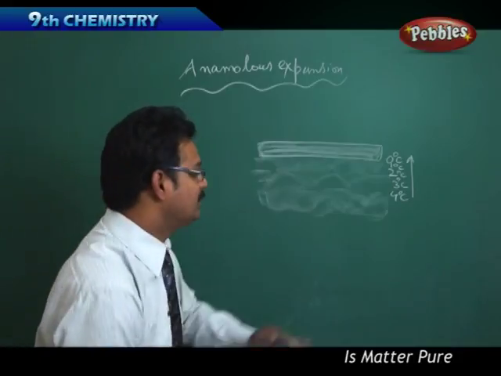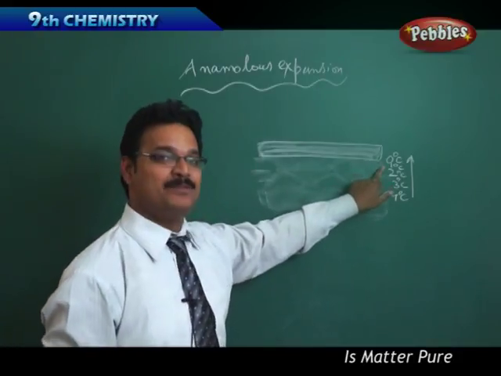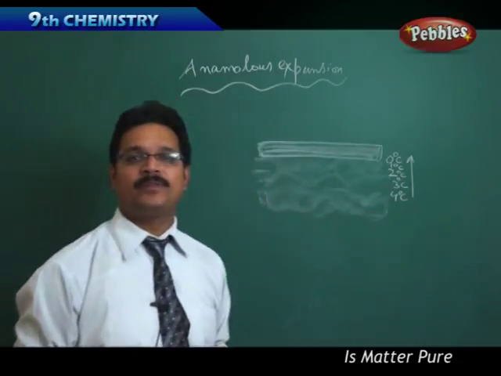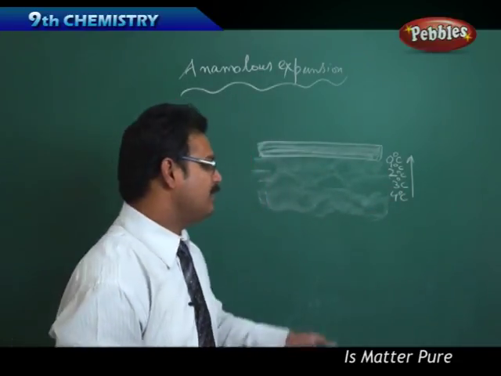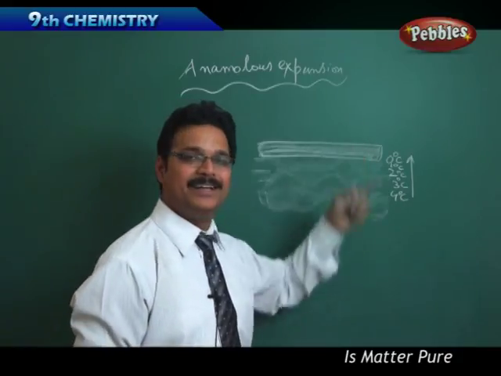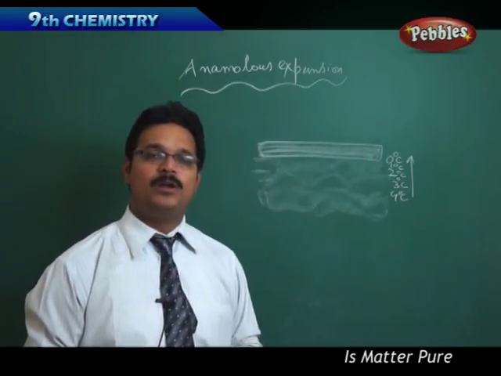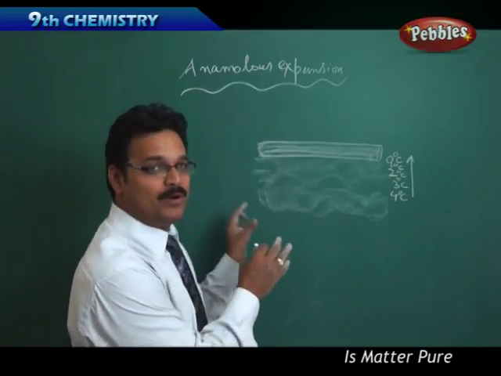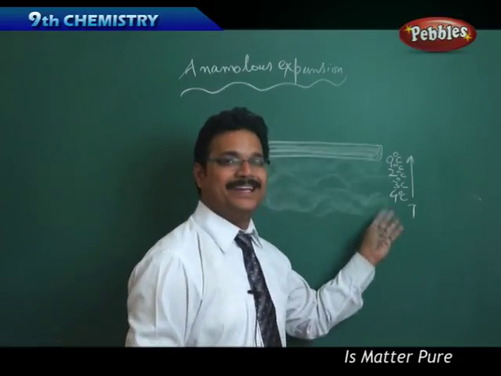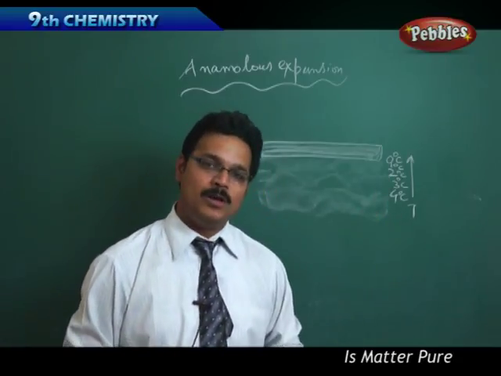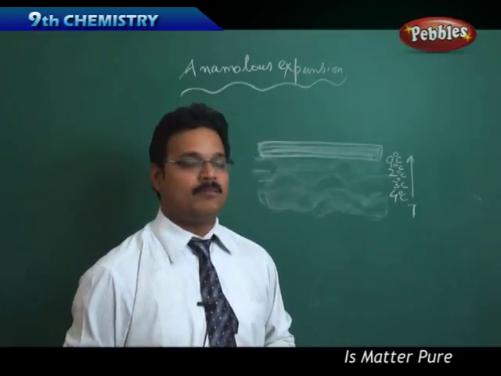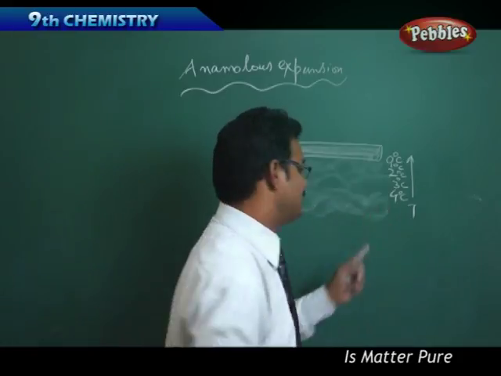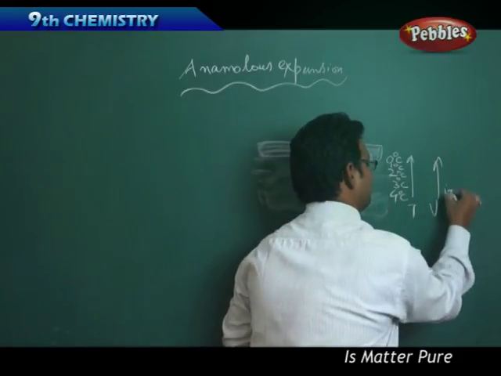So the temperature is decreasing and reaching 0 degrees Celsius, because you know that ice is a solid state existing at 0 degrees Celsius only. Generally, whenever temperature decreases, the volume should decrease. But because of the peculiar behavior of water, when temperature decreases, volume increases.